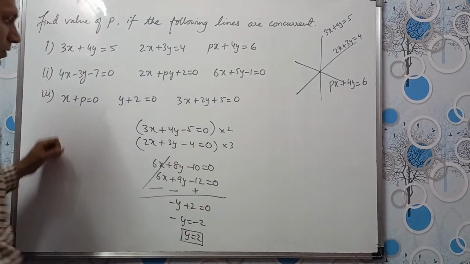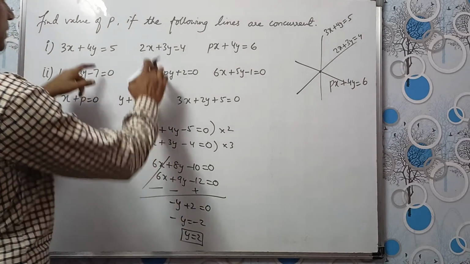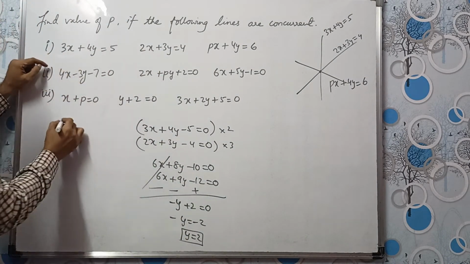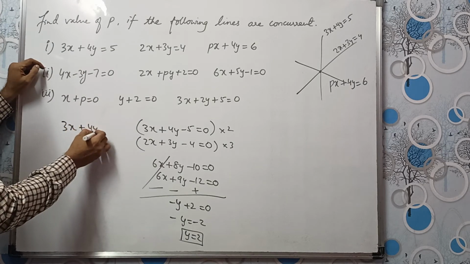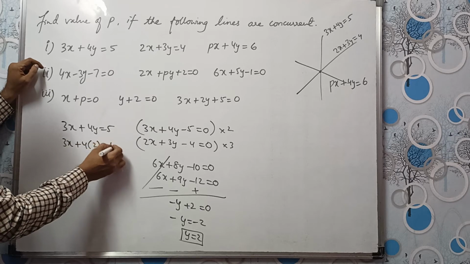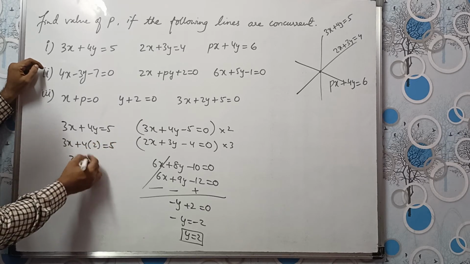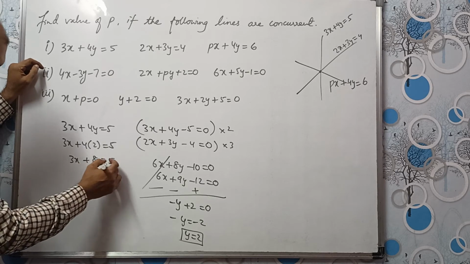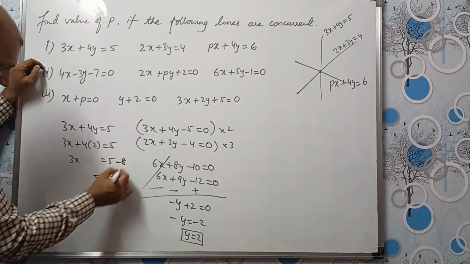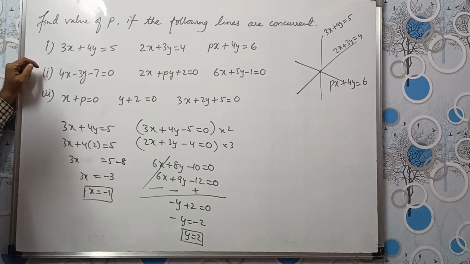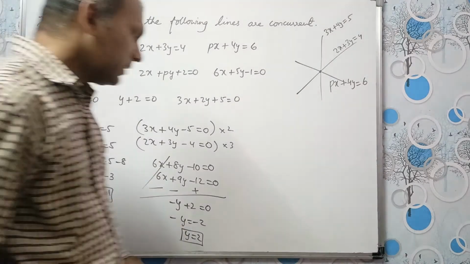Now let us substitute y is equal to 2 in either one of these equations. Let us substitute it here. 3x plus 4 into 2 is equal to 5. 3x plus 8 is equal to 5. 8 goes on the other side, becomes minus. So 5 minus 8 will be minus 3. So x value will be minus 1. So minus 1 and 2.